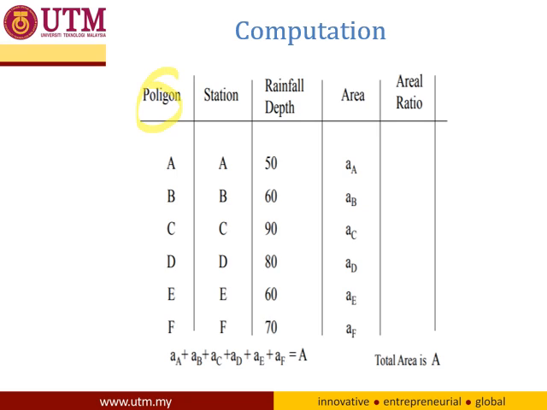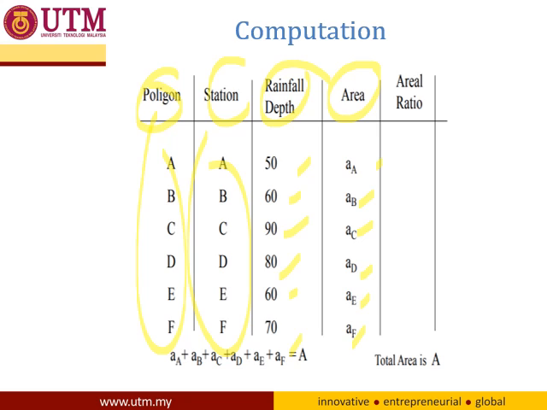So polygon, station, the rainfall depth from the station data, and the area of the polygon. Then just use the formula of the Thiessen polygon.